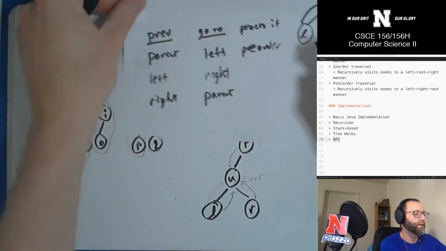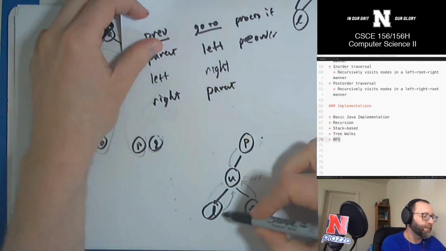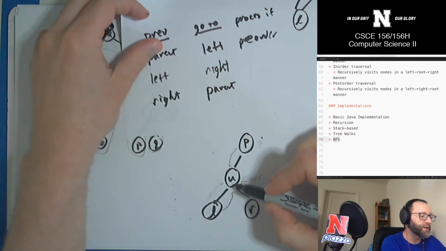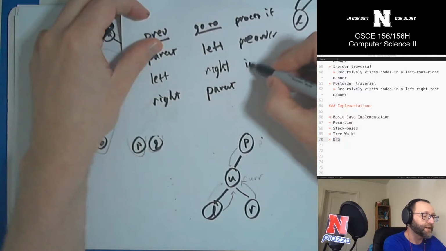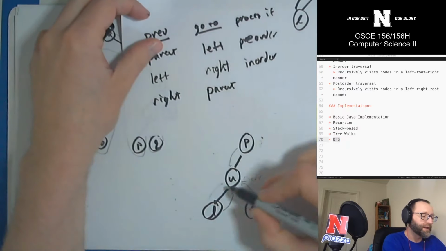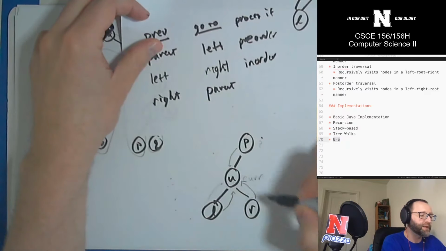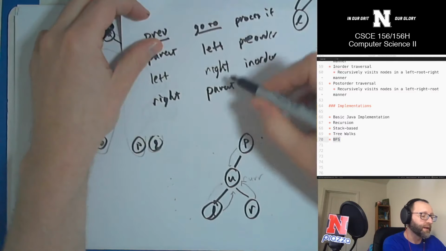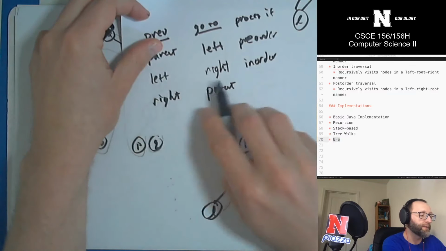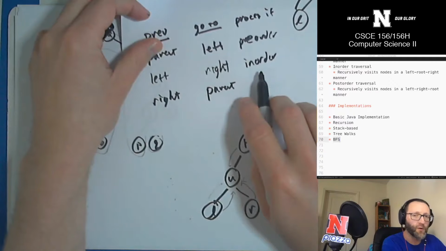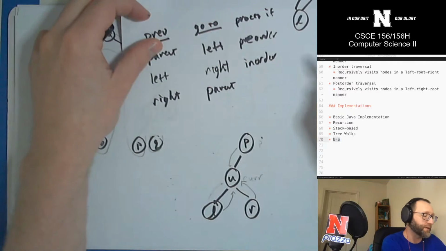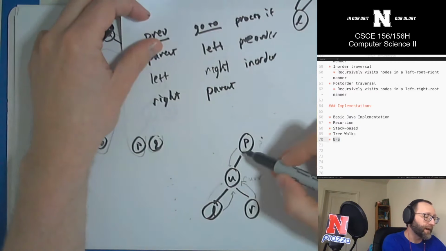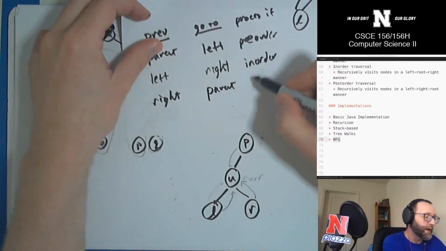Otherwise, if I'm coming back from the left, I'll process it if it's an inorder, because I process the left subtree, now process you, and then go on to the right. I came from the left, I need to go right, but before I do, I process it if it's an inorder traversal. And if I came from the right, then I process it if it's a postorder traversal.